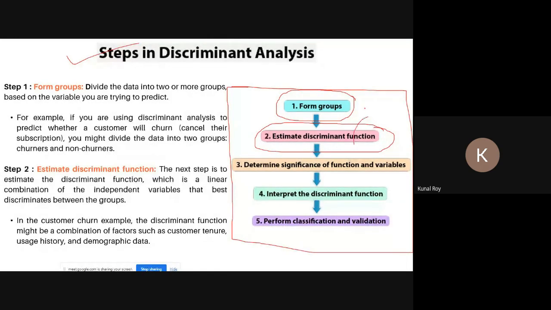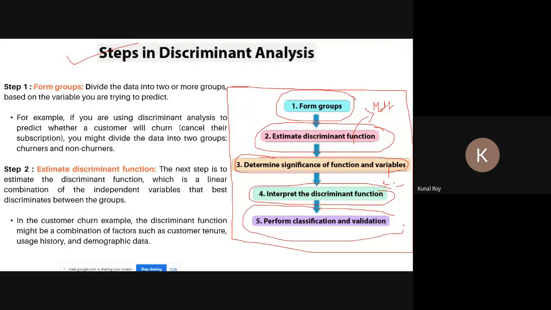What the discriminant function is, I will explain in the mathematical section. Then we have to determine the significance of the variables. These variables can be independent or dependent variables. We have to make a function regarding this. Then we have to interpret that function and apply it for classification and validation purposes.